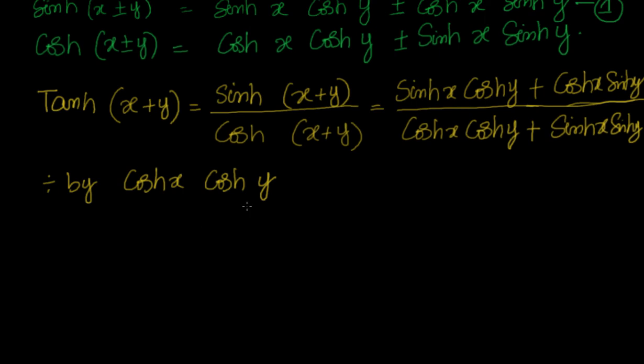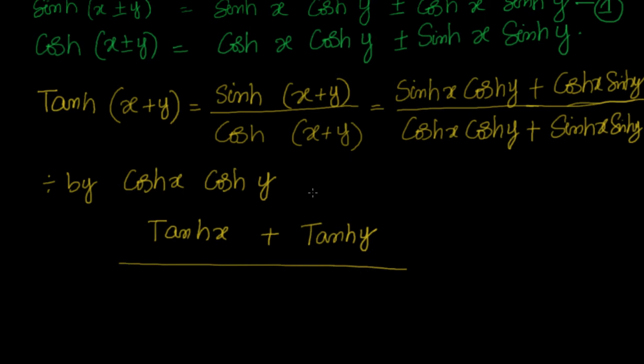What I will get? I will get sinh x cosh y by cosh x cosh y. Cosh y cancels. I will have tanh x plus, if I divide by cosh x cosh y, cosh x cancels, I will have tanh y, by, if I divide the denominator by cosh x cosh y, I will have 1 plus, if I divide this term sinh x sinh y by cosh x cosh y, I will have tanh x tanh y.